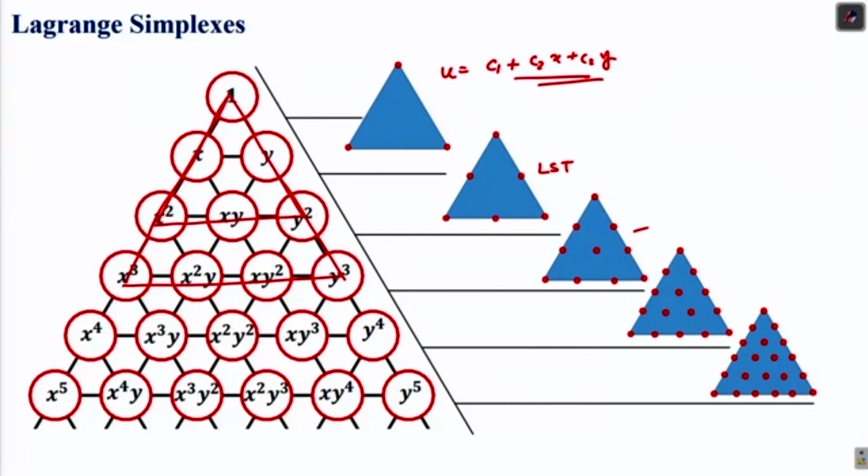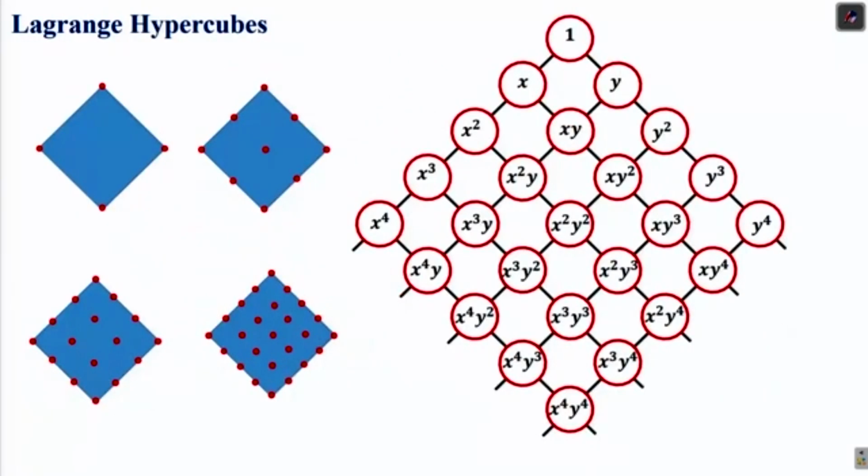Now, a similar thing can be done for quadrilateral elements, which are called Lagrange hypercubes. But here the previous triangle is represented in a slightly different way. Now, what this tells you is, suppose you want to construct the shape function for this element, which has 4 nodes.